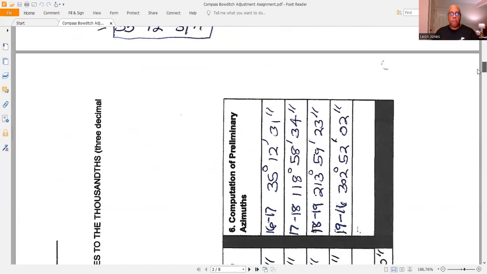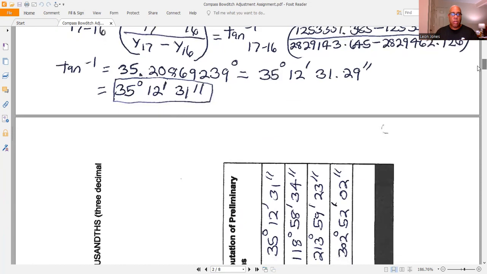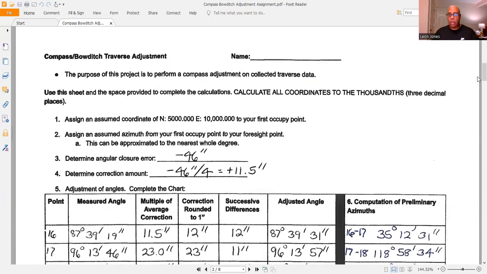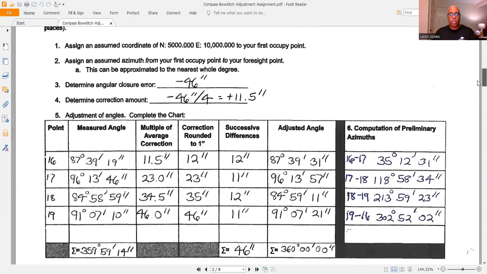And I went through the same procedures. Let's see if I can rotate this. All right. Came up with the same procedures. When I added everything up, I had some error. So what I had to do, I had to add it back in because I was 46 seconds shy of 360 degrees.